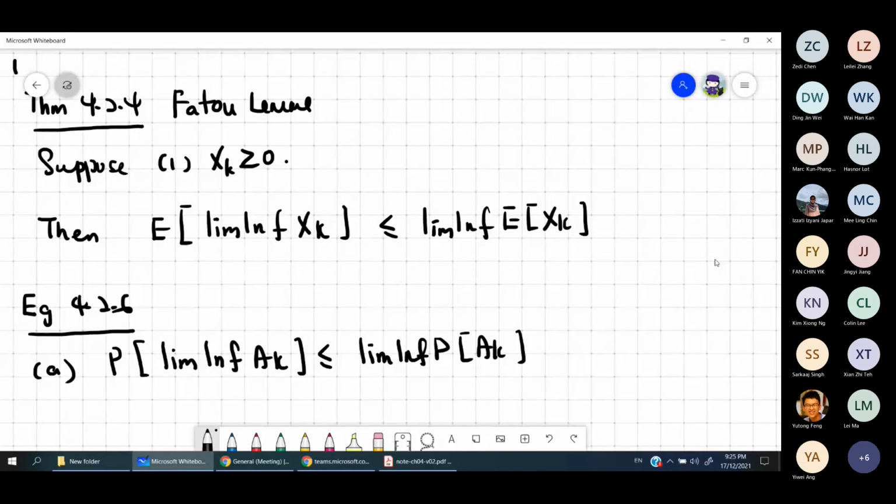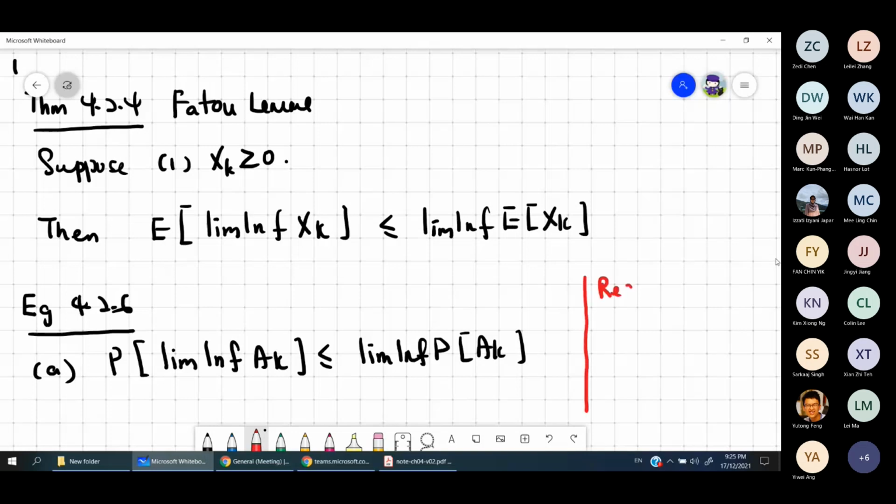How to verify this? We can prove this by using our Fatou Lemma here.